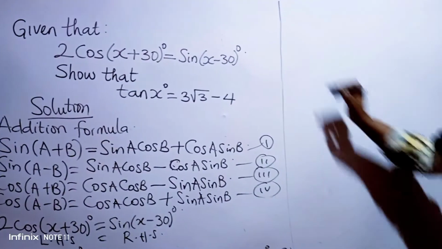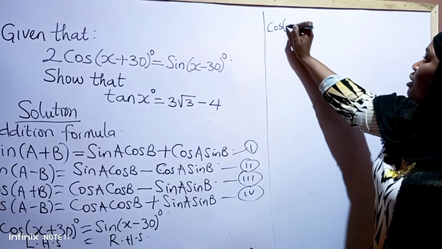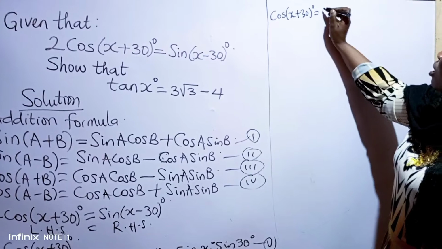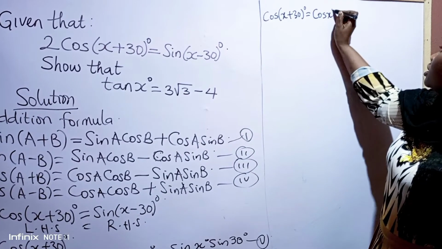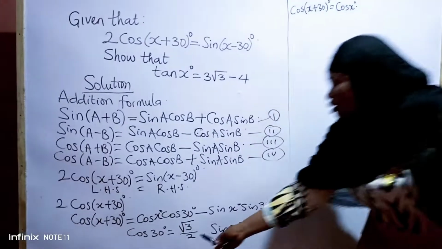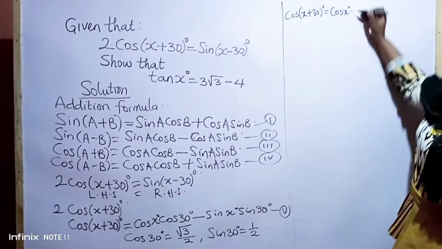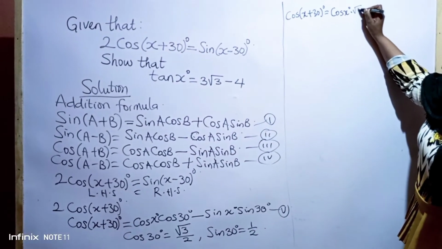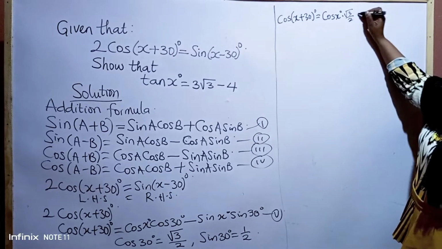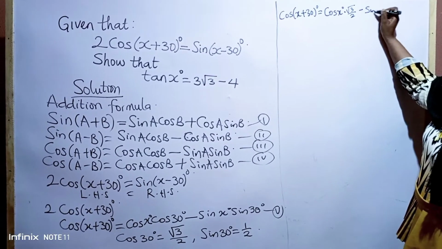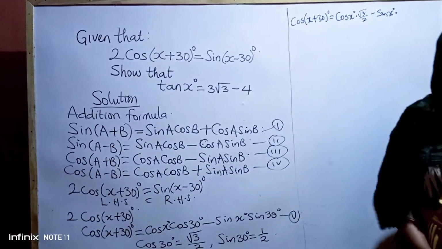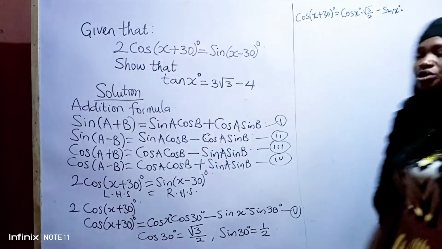So now we have cos(x + 30°) is equal to cos x°. Wherever we see cos 30°, we're going to put what's there? √3 over 2. So multiply by √3 over 2. Then repeat the sign, which is minus sin x° multiplied by, wherever you see sin 30°, we are going to put 1 over 2.